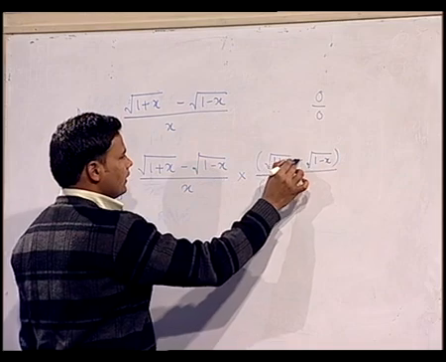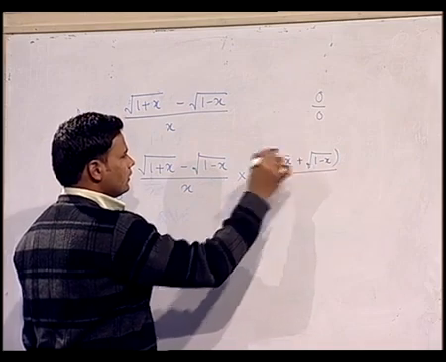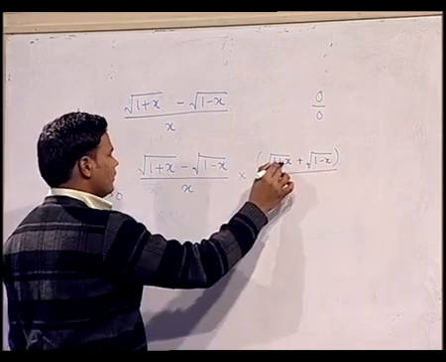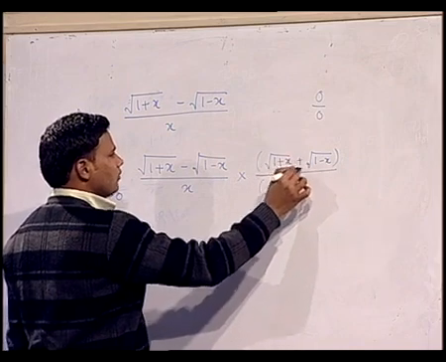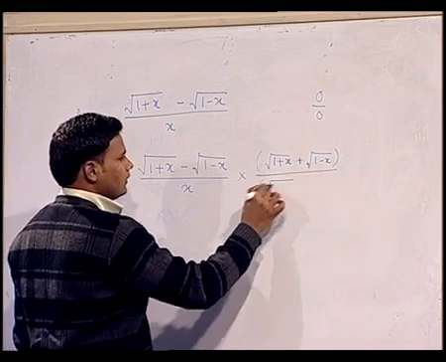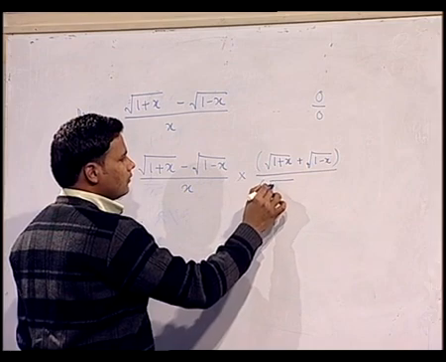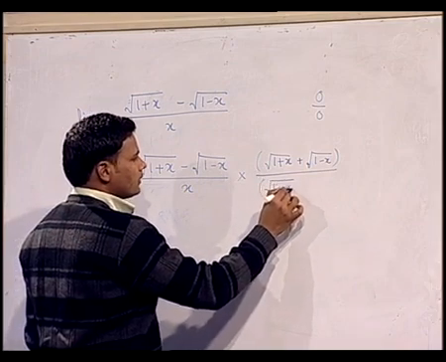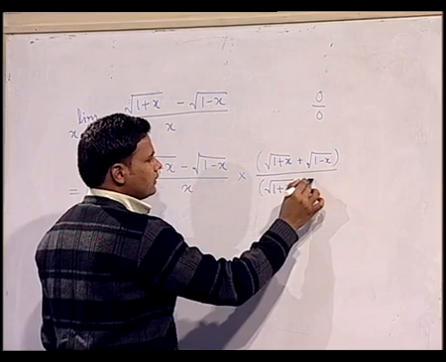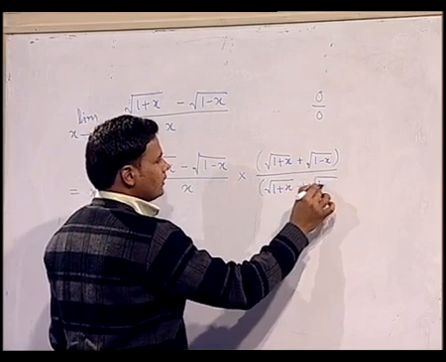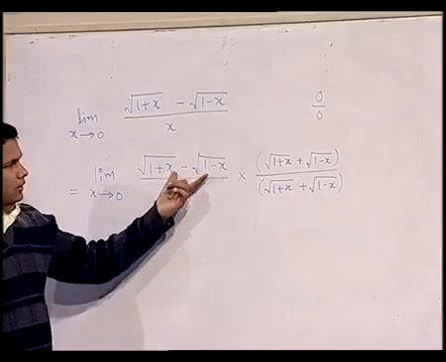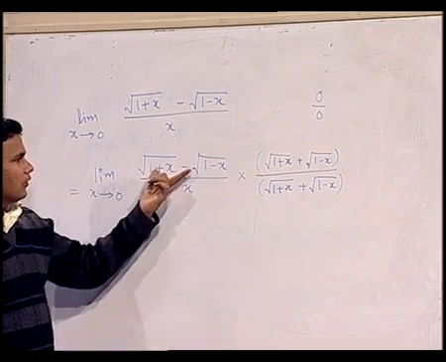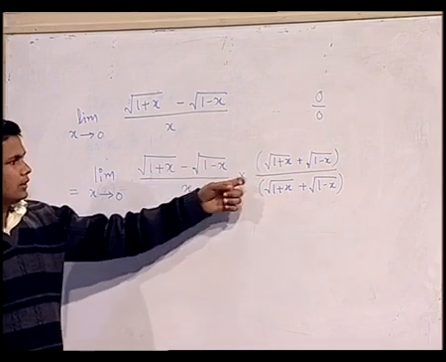So see the numerator, this is in the form (a minus b) into (a plus b).